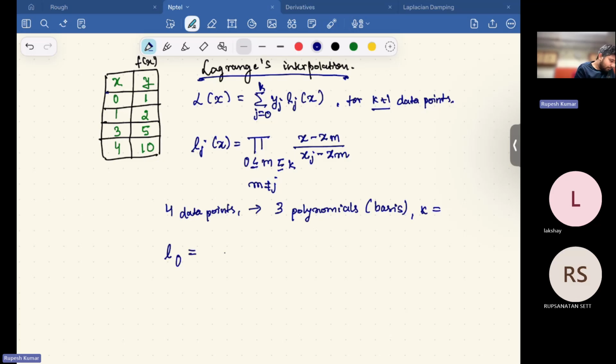Let's call the points x0, x1, x2, x3 on the left hand side.